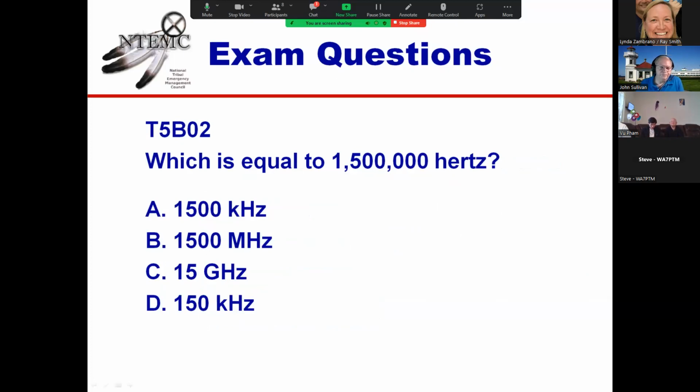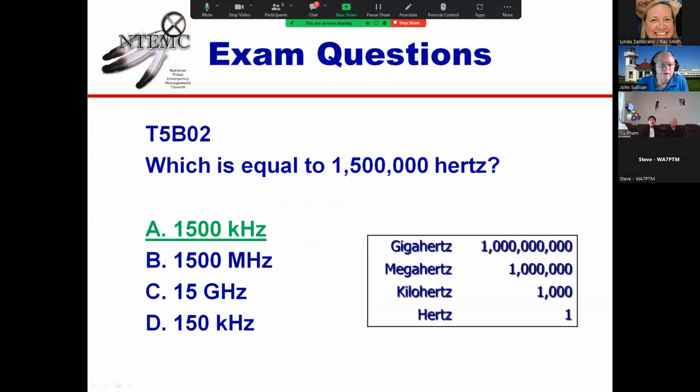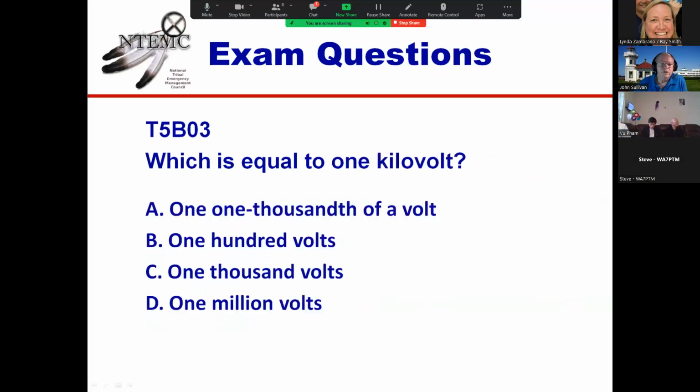Which is equal to 1,500,000 hertz? Okay, so we know that a million would be a megahertz, so that would be 1.5 megahertz. The equivalent of that would be 1,500 kilohertz. Which is equal to 1 kilovolt?